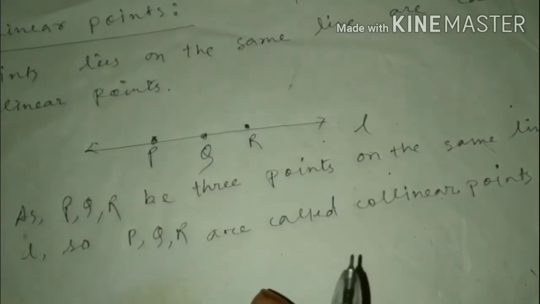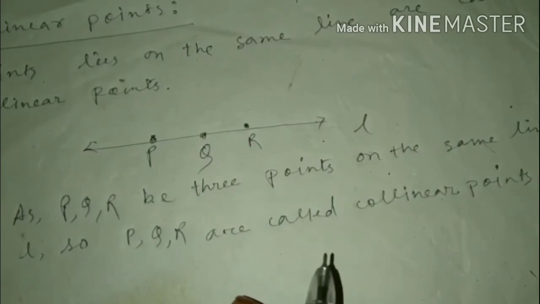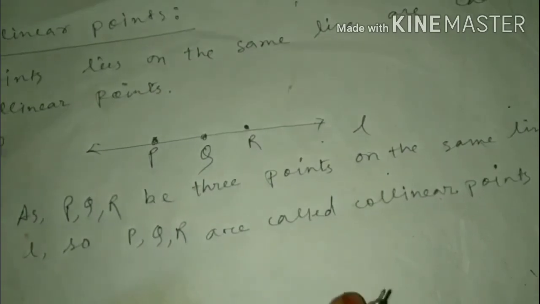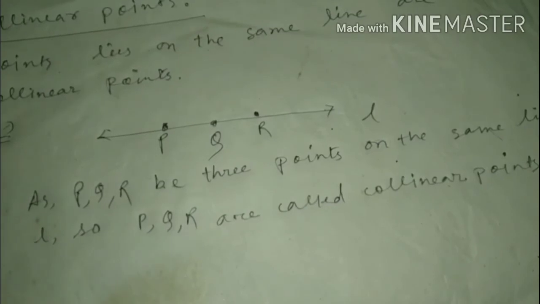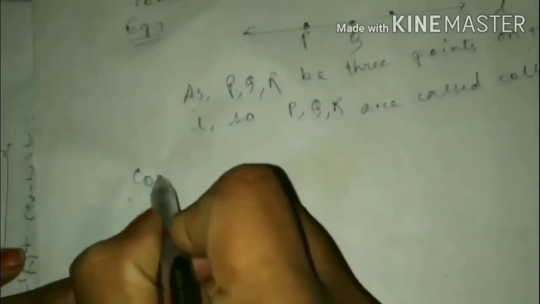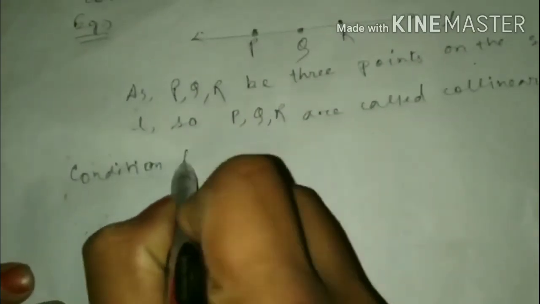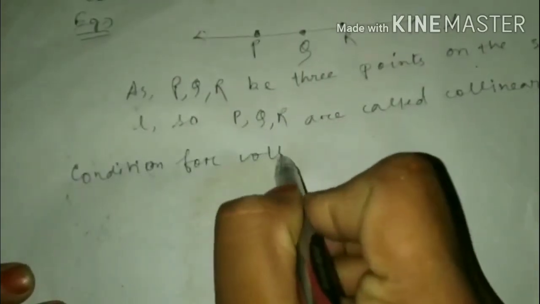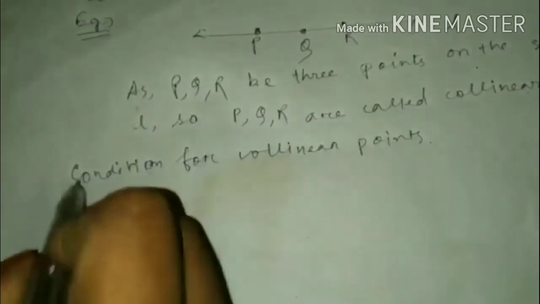So in a given question, we have to show whether the points are collinear or not. So we have to write down the condition, and we will use that particular condition to show this. So let us write down the condition for collinear points.